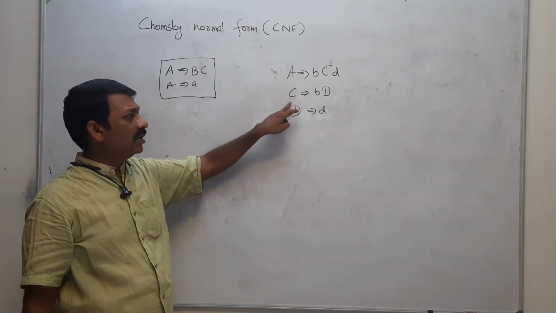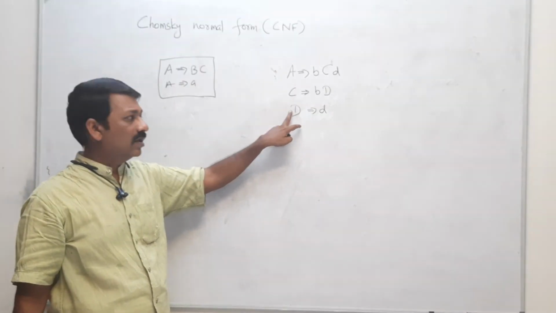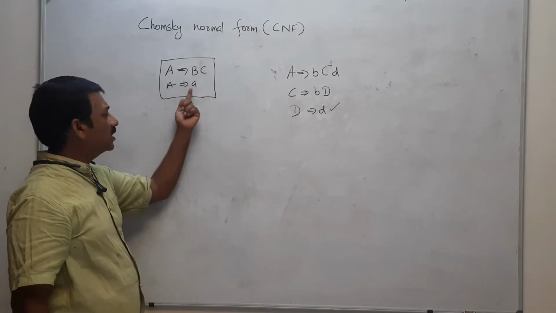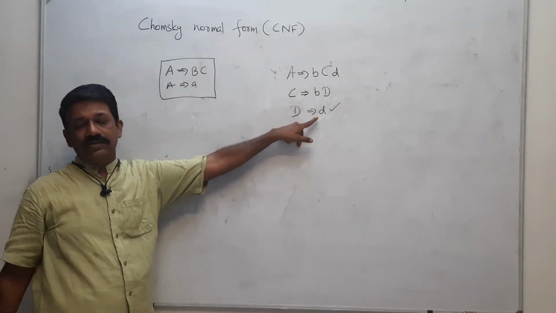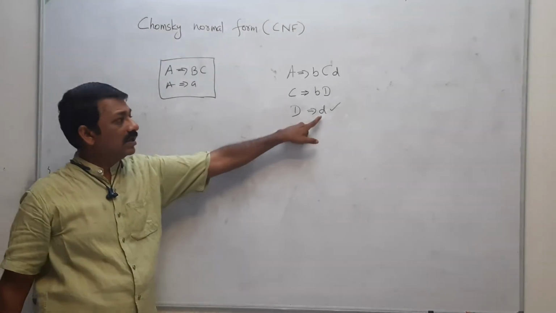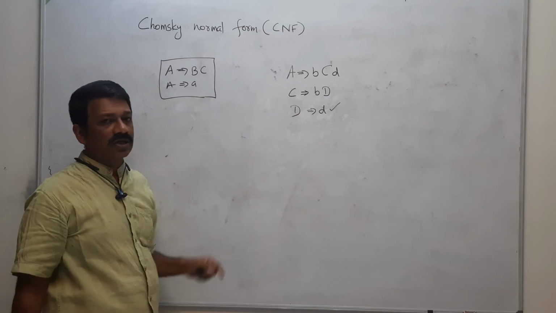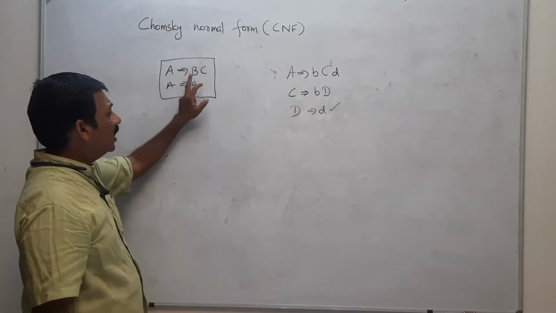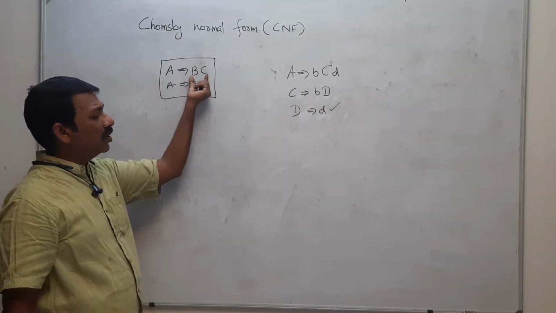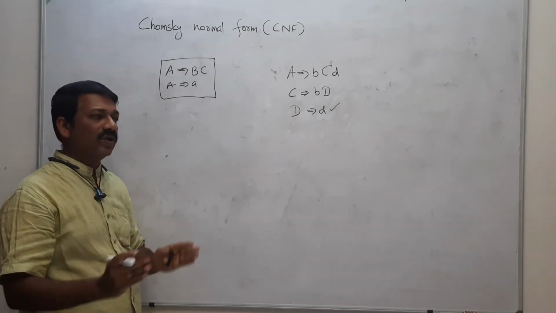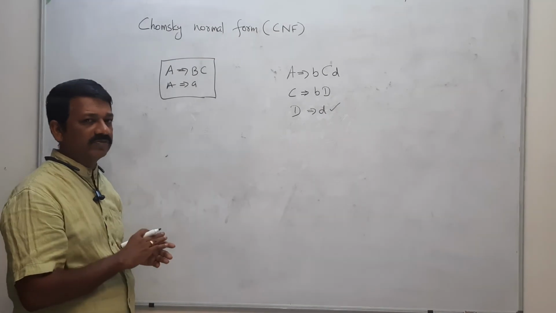D derives small d is in Chomsky normal form because the right hand side is a single terminal. But the others are not in Chomsky normal form. Only if it has either two non-terminals or a single terminal on the right hand side will it be accepted.